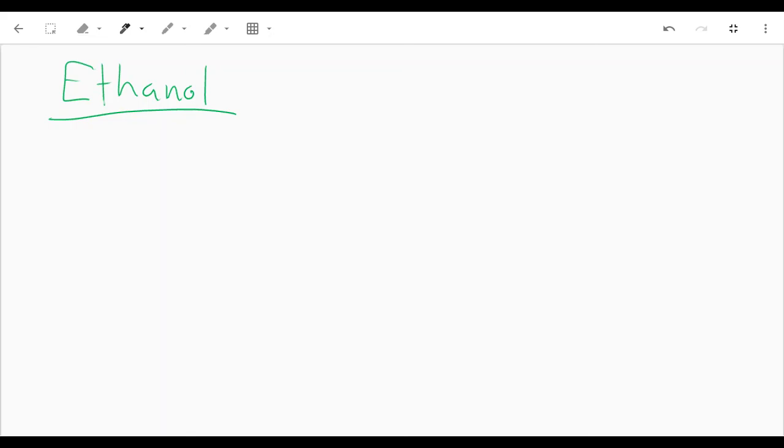Here we're going to name and draw some alcohols. The very first one is pretty much the simplest and most commonly known alcohol we can deal with, which is ethanol. Ethanol has eth as a core of its name, so that means we're dealing with two carbons.